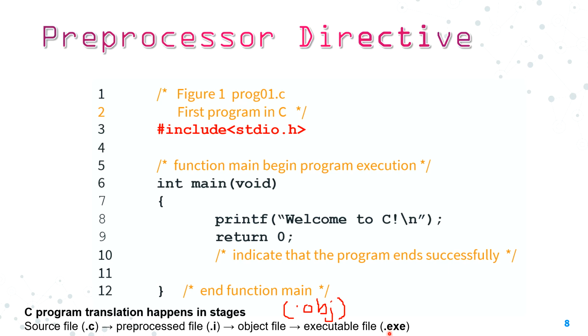So it will finally be saved in a file in .exe format. Basically, this slide explains that the preprocessor directives prepare the program for compilation, and #include <stdio.h> is required to use standard input and output functions in C.